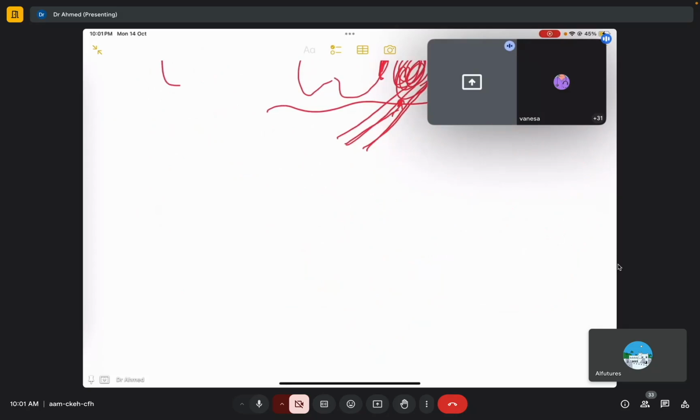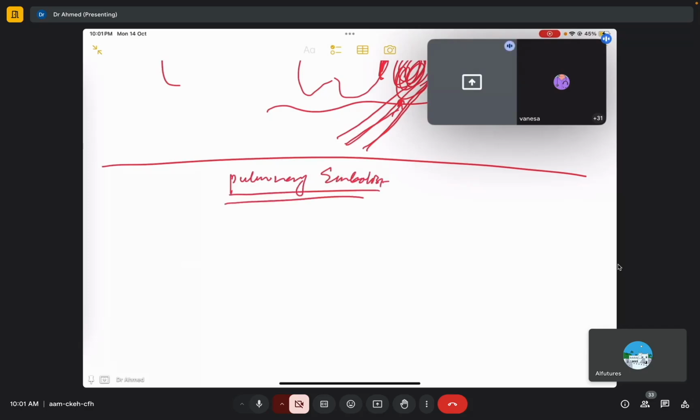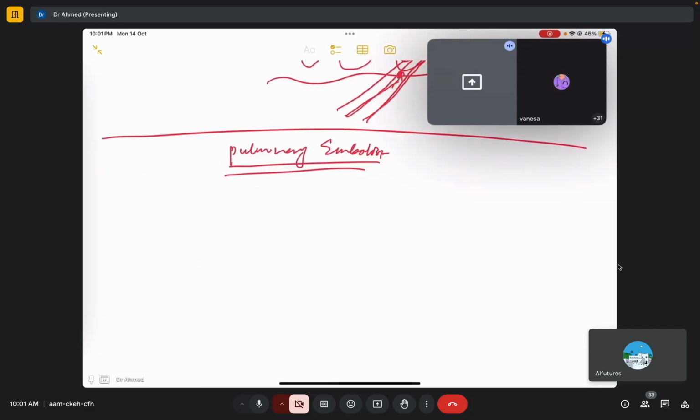So let's discuss pulmonary embolism. Can you guys just tell me what's pulmonary embolism? Formation of emboli in the pulmonary artery.